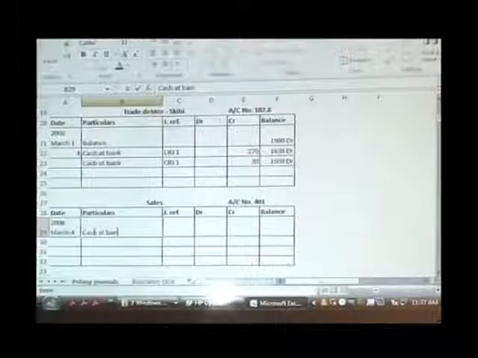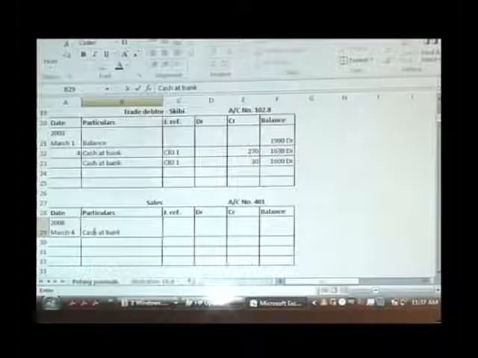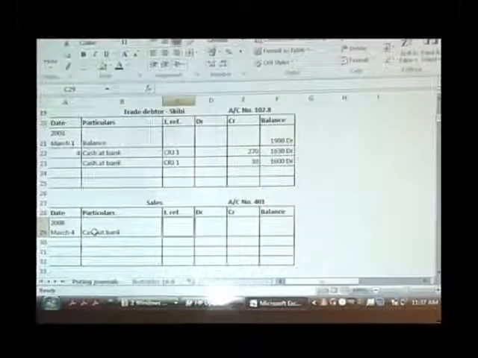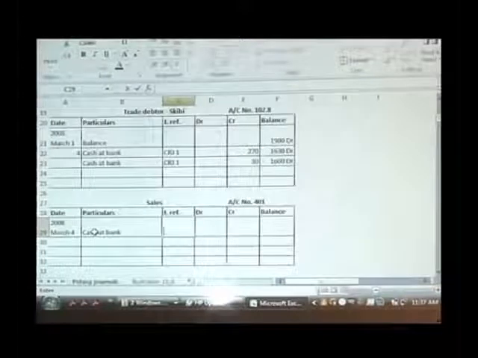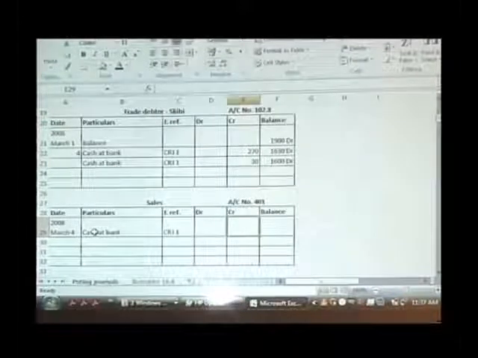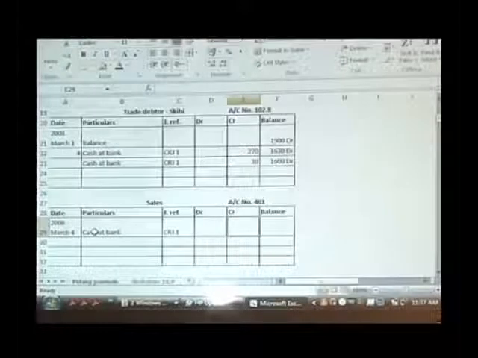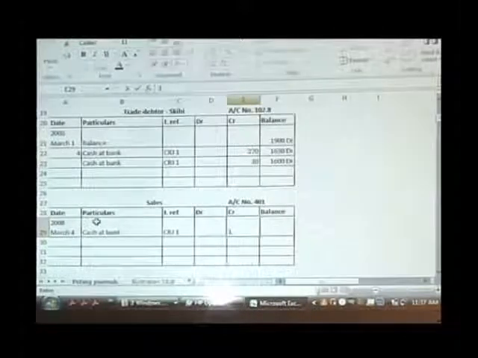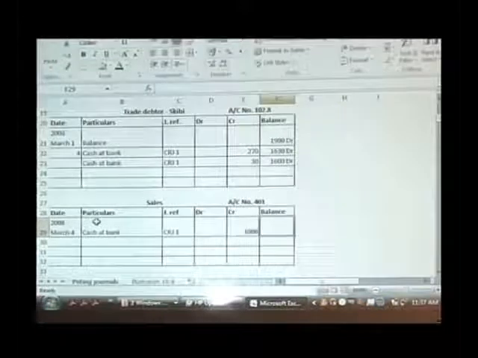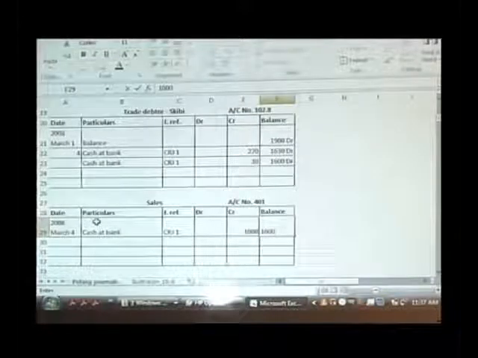Then cash at bank, journal reference CRJ1, sales credit 1000 here, credit.